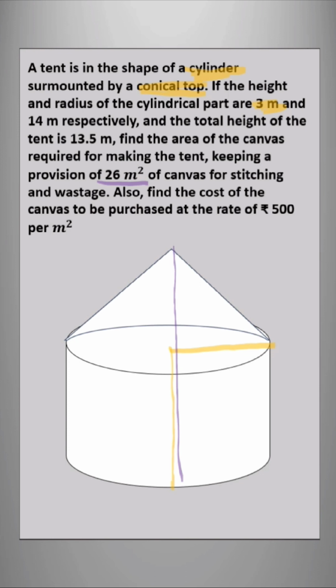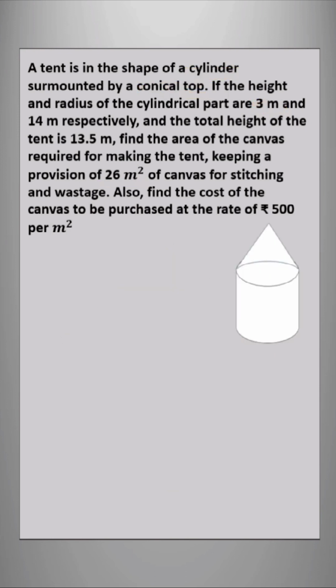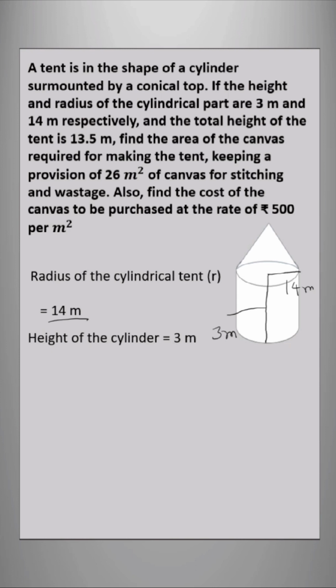Now we have the cylinder and we are given all the measures. Radius of the cylinder is 14 meter. Height of the cylinder is 3 meter. Total height is 13.5 meter.